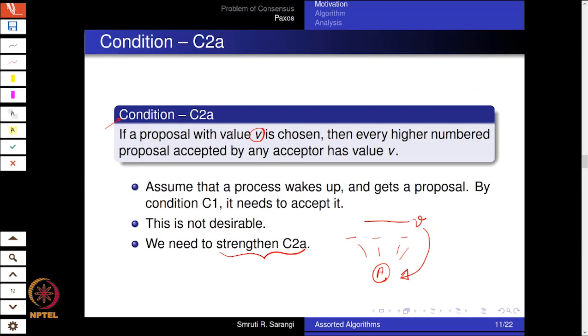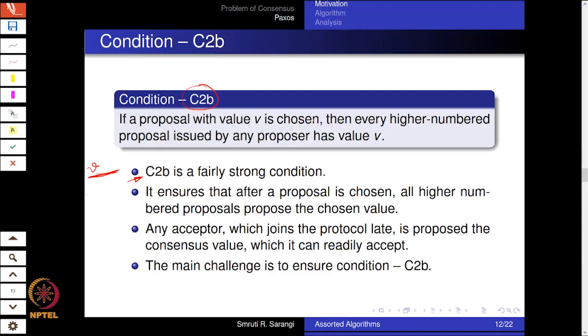That, look, since a proposal with value v is chosen, every higher numbered proposal accepted by an acceptor also has to have value v, because only v is being proposed, nothing else is being proposed. So if you look back at C2b, just take a look at this line. What I'm trying to say over here is the moment that a proposal is chosen, any other proposal proposed by any other proposer, subject to the fact that that proposal has a higher number, has to propose the chosen value.